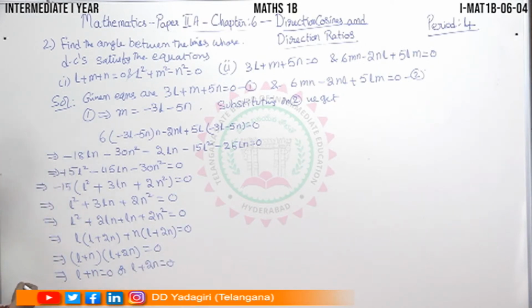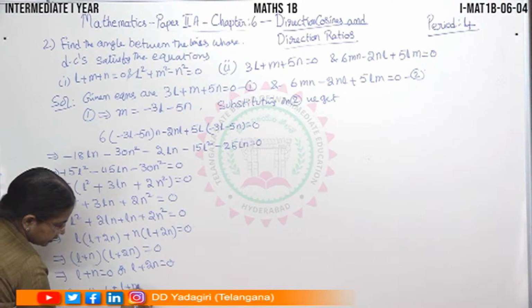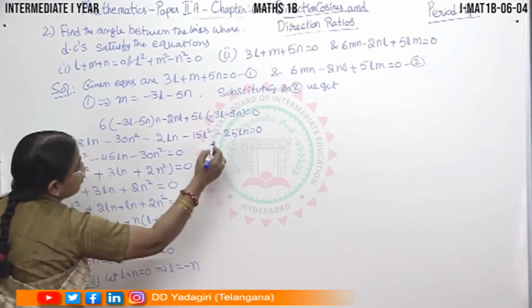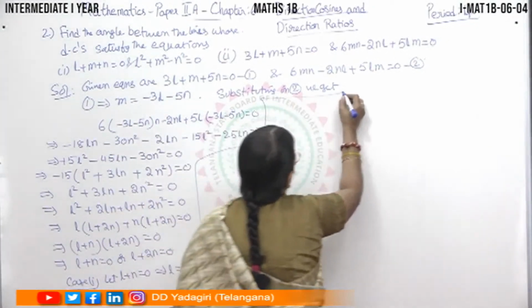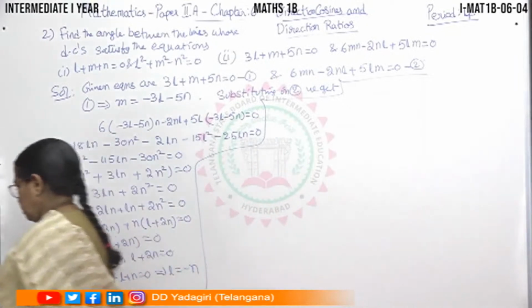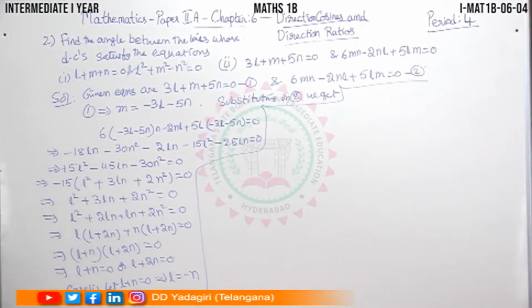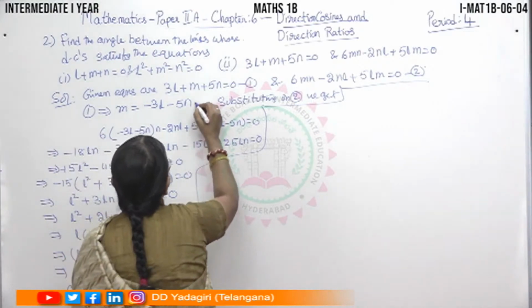Now we'll take case 1, like in the earlier problem, same procedure. Case 1: suppose that L plus N is equal to 0. So that means L is equal to minus N. Now we'll find out in the third equation. We'll substitute in this equation, so we'll number this as 3.